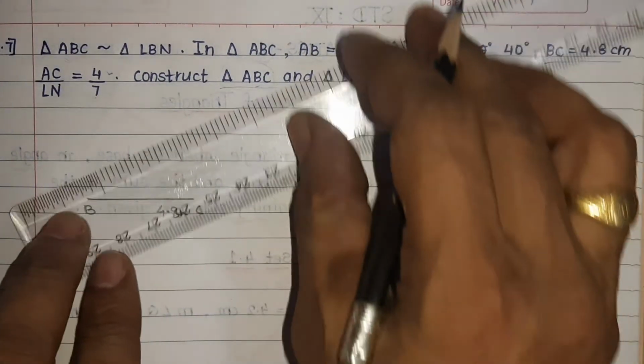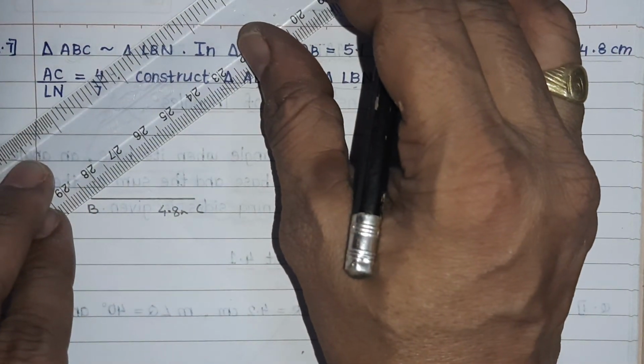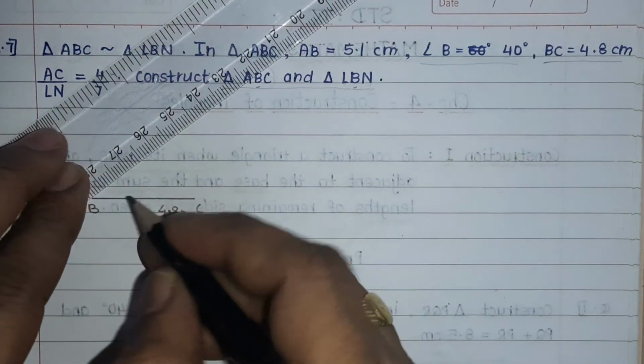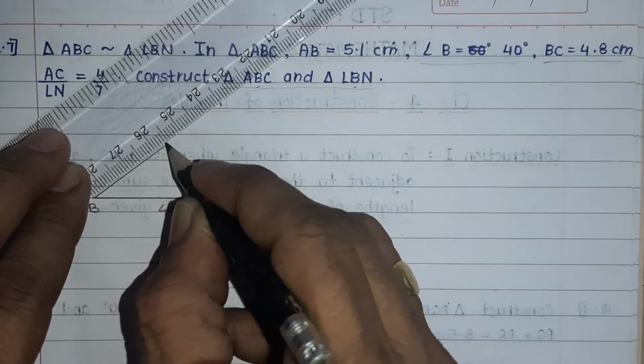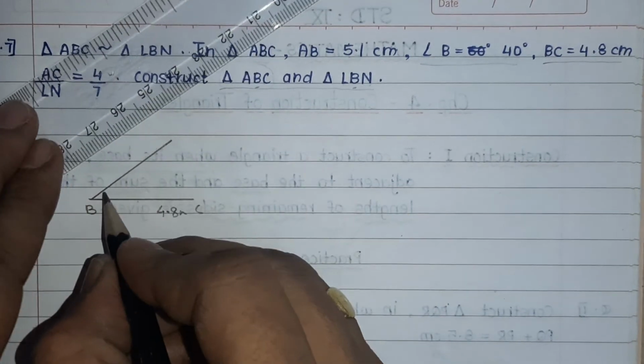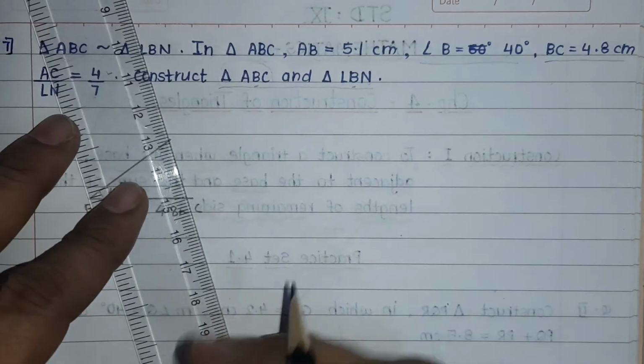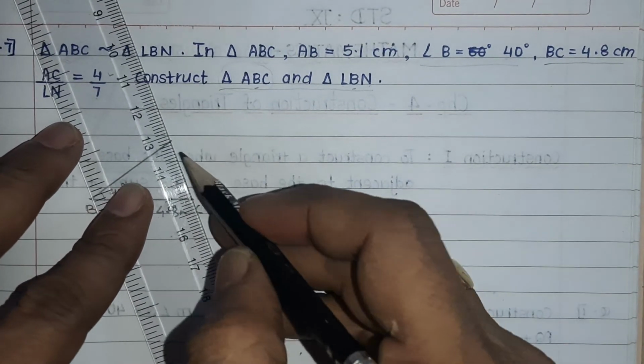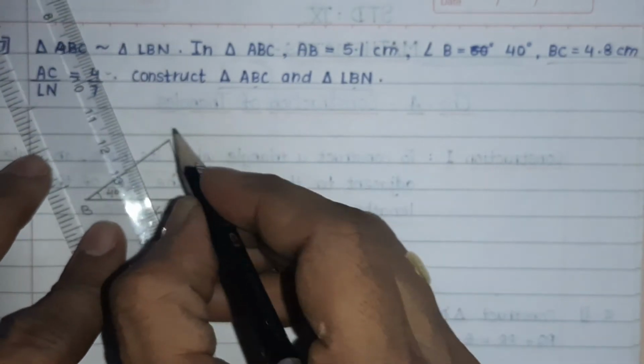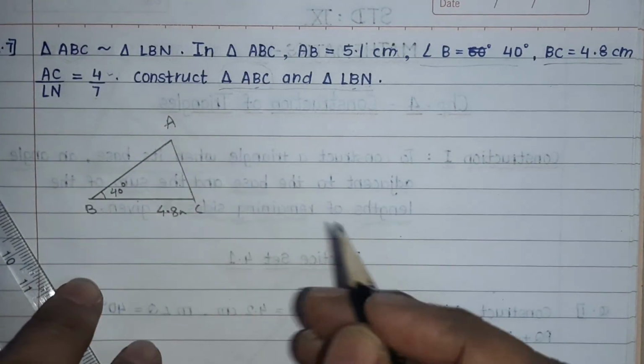Then at the point B, the angle is of 40 degree. Therefore, we can draw the angle like this. It is 40 degree. Then join this A with C. Therefore triangle ABC is like this.